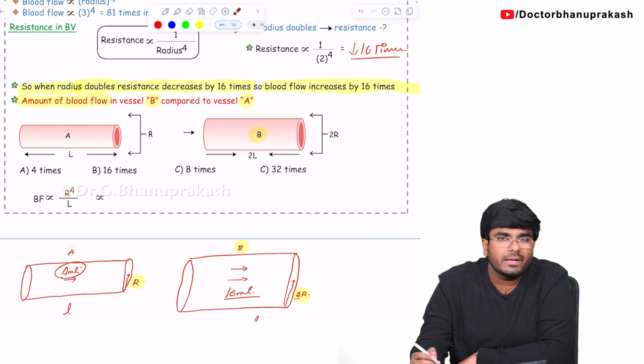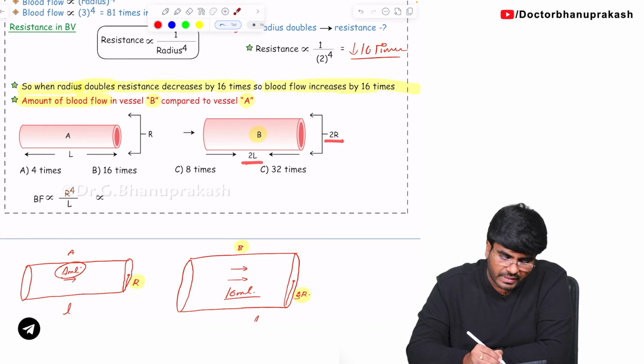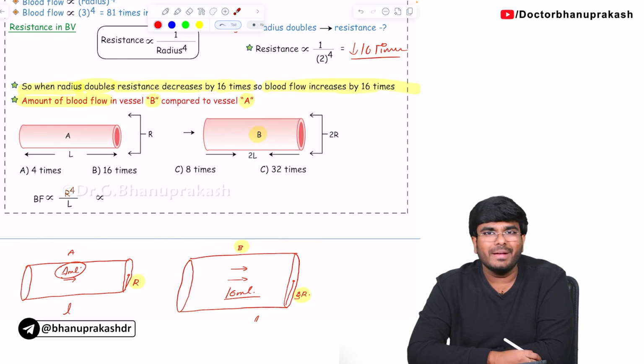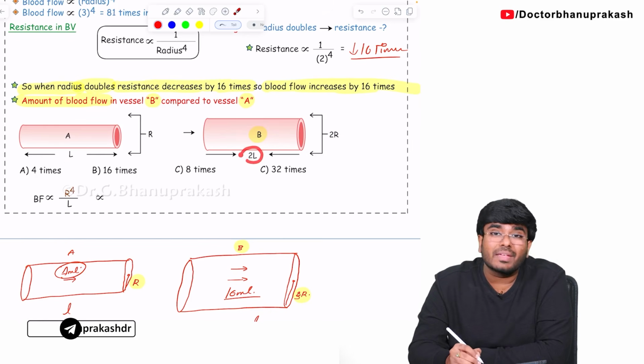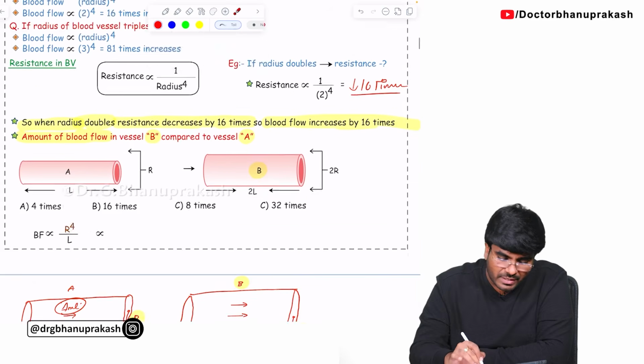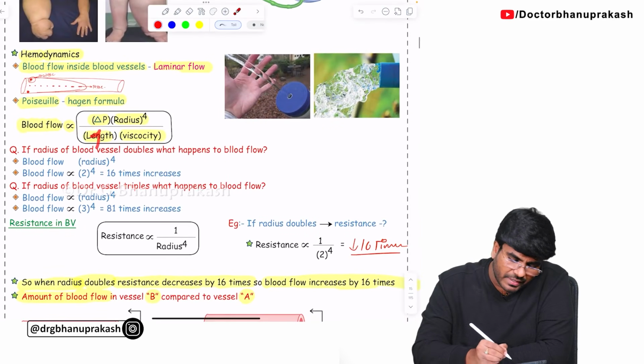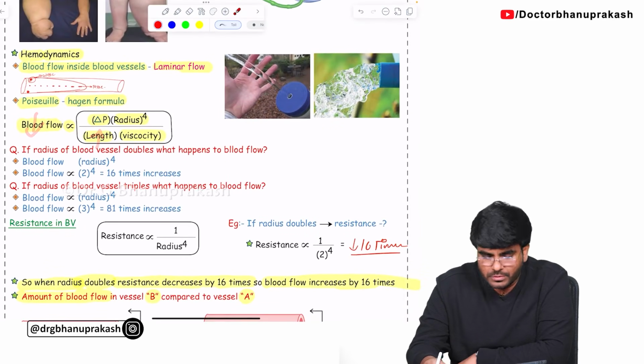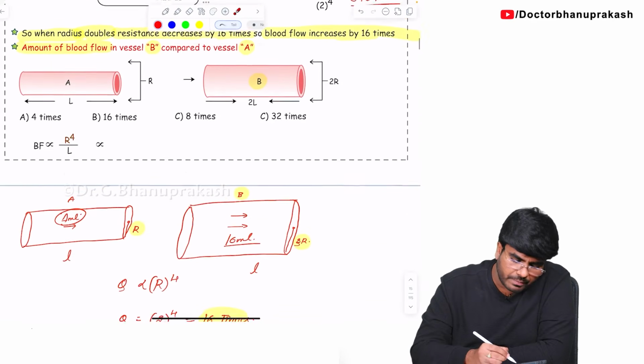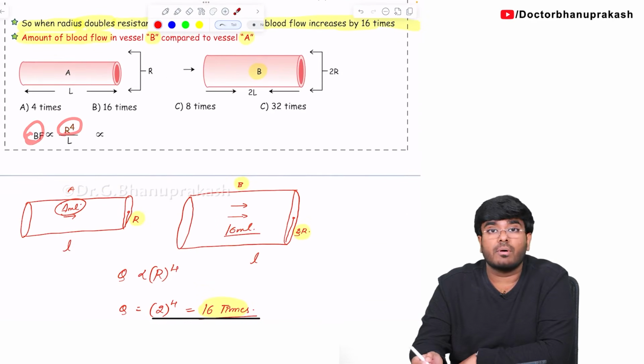No, look here. Not only is the radius increasing, but the length is also increasing. Whenever you increase the length, I have told you length is bad, it is inversely proportional. Whenever length increases, blood flow will come down. So let's write according to our formula. Blood flow is directly proportional to the radius to the power of 4, but inversely proportional to the length.